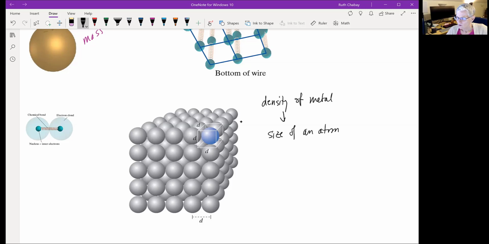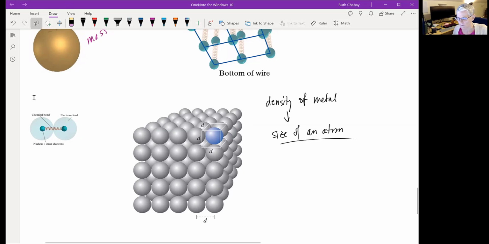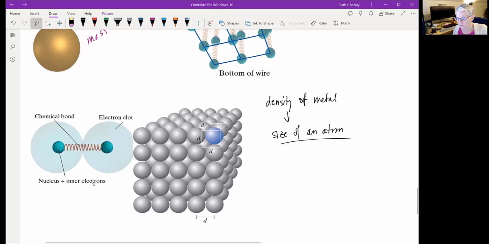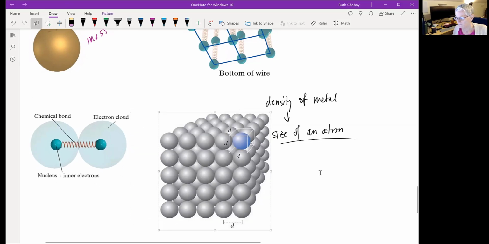We're going to say that in this regular array, because they're in this cubical array, every atom occupies basically a cubical space, whether there's electron density in there or not. And the diameter of the atom is basically what we're after here. That's going to be useful to us because the diameter of the atom is related to the length of a bond.